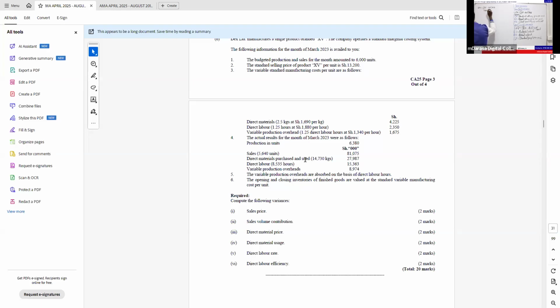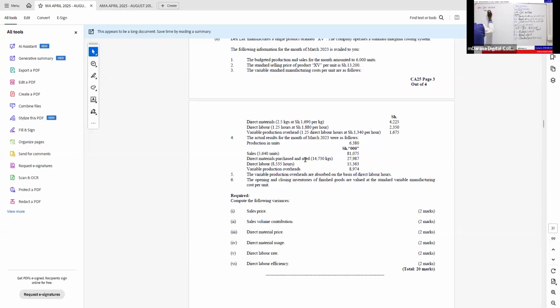Note number 2: the standard selling price of product XV per unit is 13,200, minus our actual price per unit. What was our actual price per unit? The details for the actual results were given in Note 4.